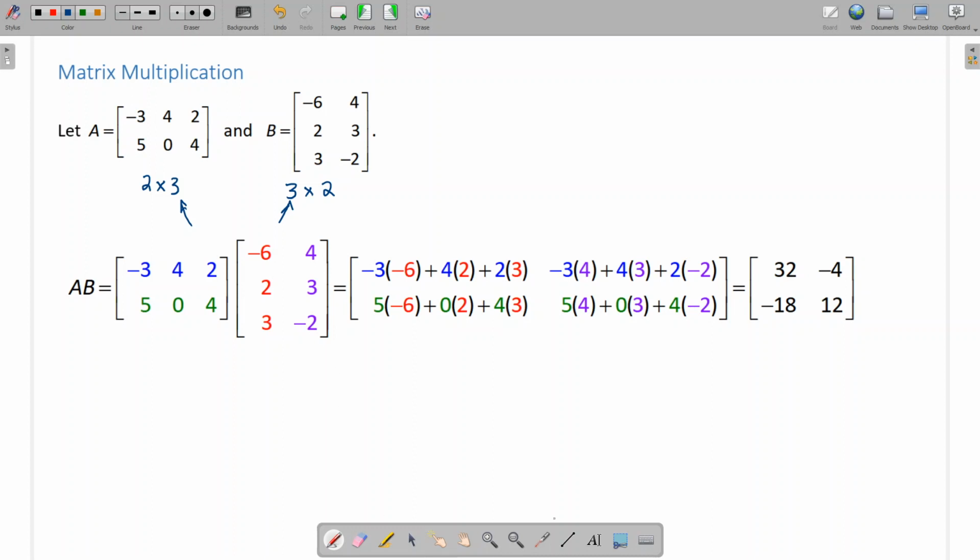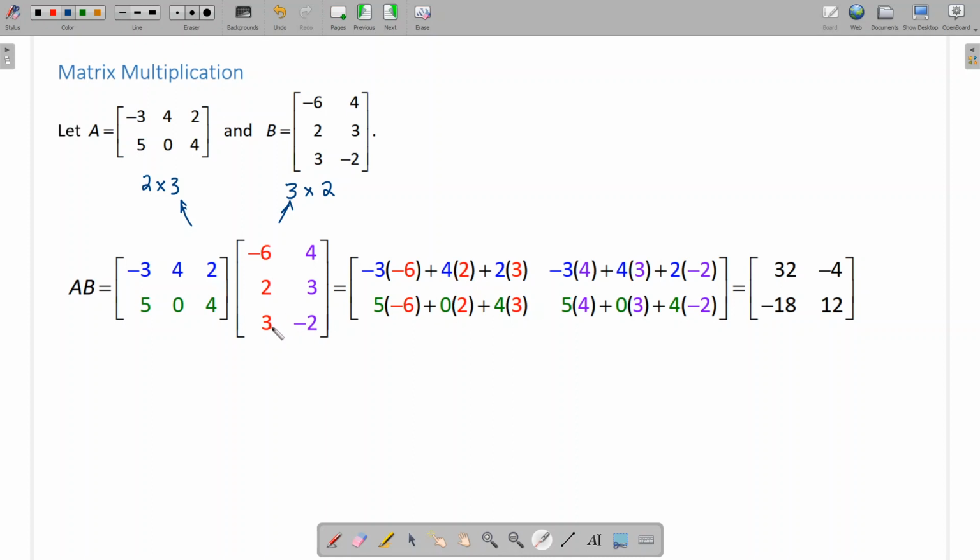Okay, so what we do to get the elements in the product is you take the first row of the first matrix and you multiply it by the first column. You take the corresponding elements of the first row, multiply it by the corresponding elements of the first column in the second matrix. So we have negative 3 times negative 6, that's right here. Then 4 times 2, right here.